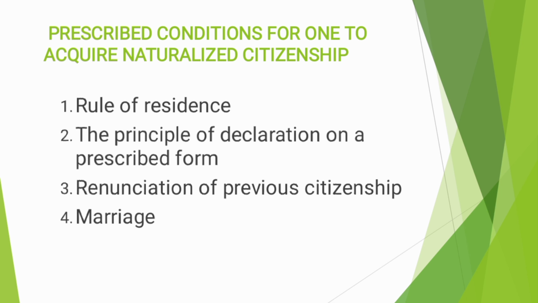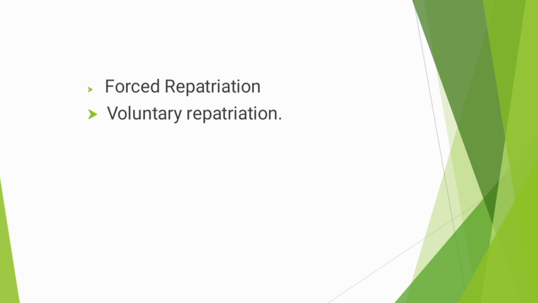You want to be together with your husband or your wife. So these are the 4 basic prescribed conditions that aliens need to meet for them to qualify for citizenship in their host country. I hope we are together.